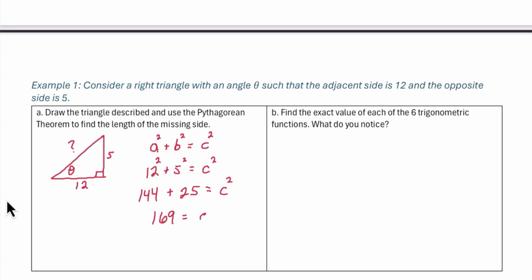That's equal to c squared. And we want to find c, so we'll take the square root of both sides. And we get that c is equal to 13.